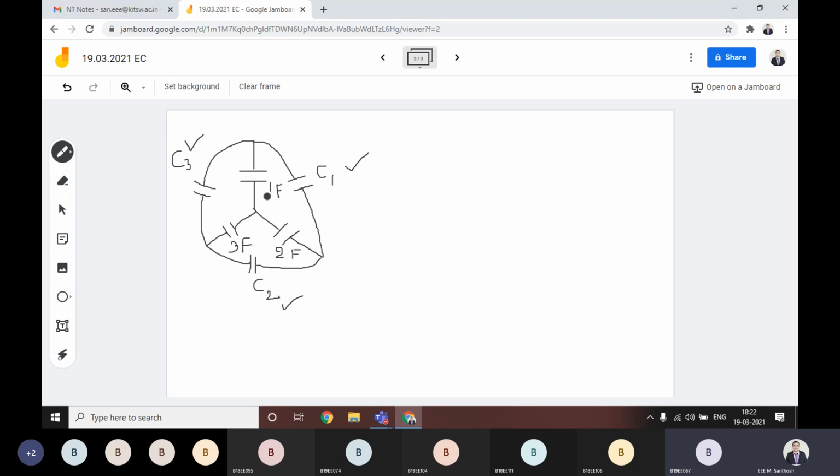12, 36, 18. C1 value is 12, okay. C2 is 36, okay. Another is getting the same.